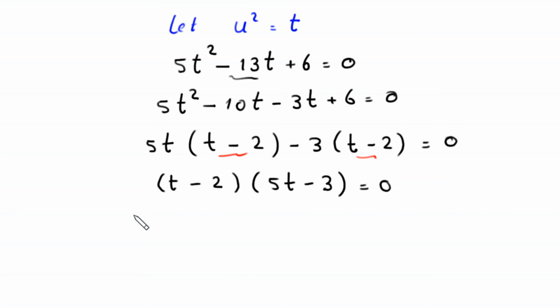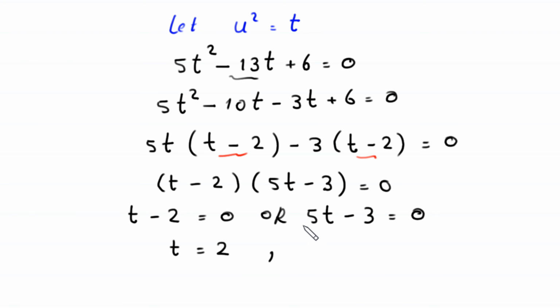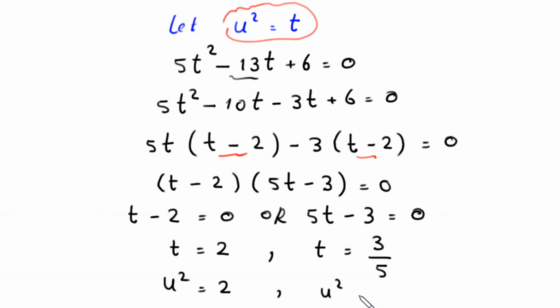From here, either this expression t minus 2 equal to 0, or this expression 5t minus 3 equal to 0. From this equation we get the value of t equal to 2, and from this equation we get t equal to 3/5. Since we have supposed that u squared equal to t, this will become u squared equal to 2 and u squared equal to 3/5.